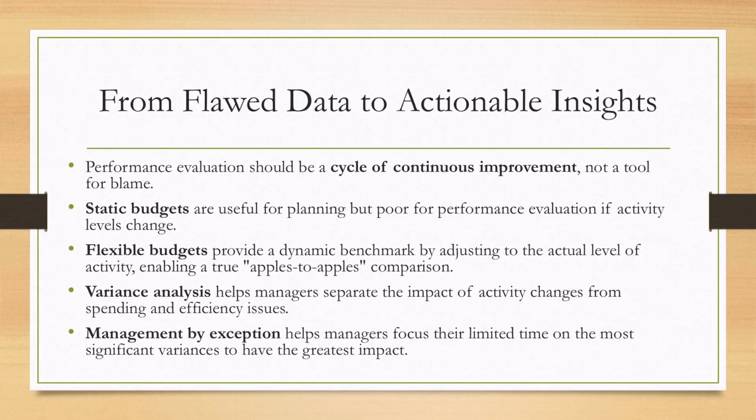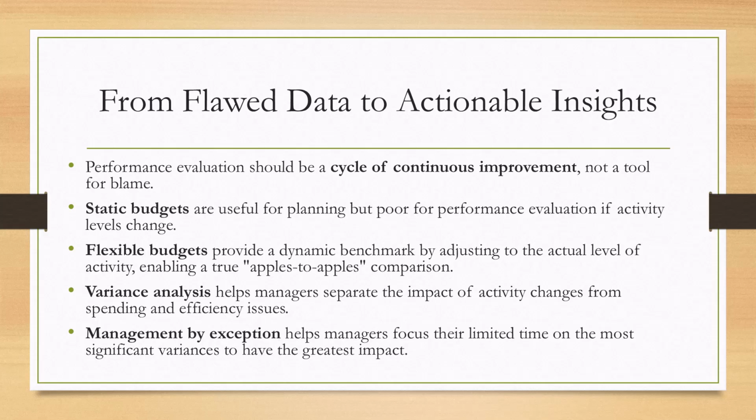Let's summarize our key takeaways. First, performance evaluation should be part of a cycle of continuous improvement, not simply a tool to assign blame. We've learned that static budgets are useful for planning, but they are poor tools for performance evaluation if the actual level of activity differs from the plan.